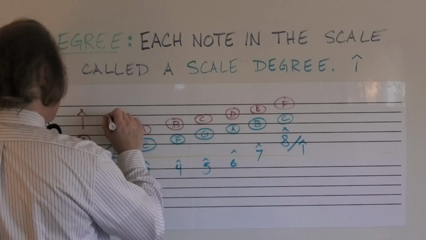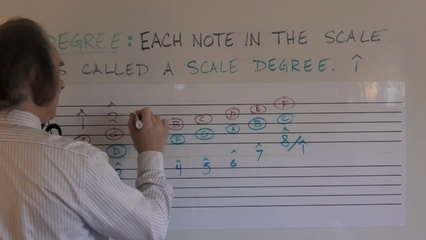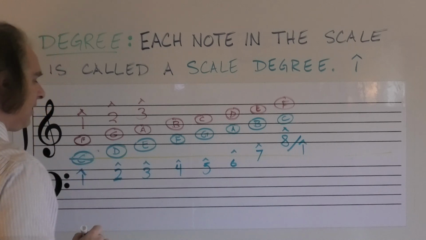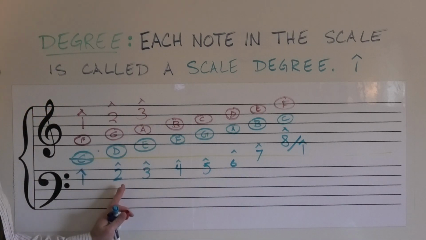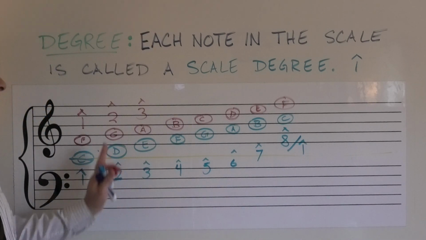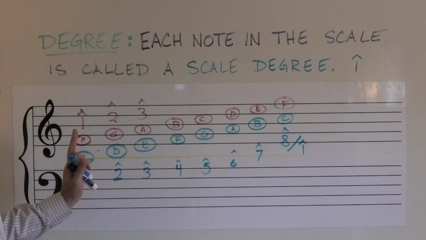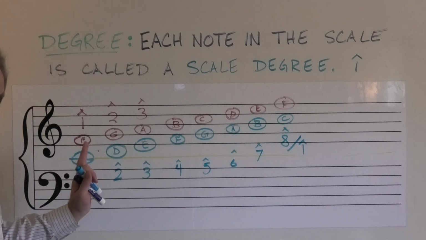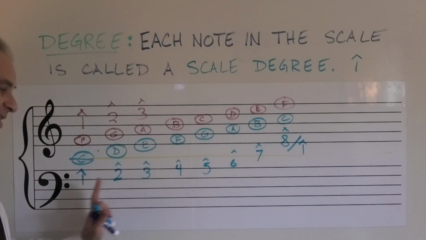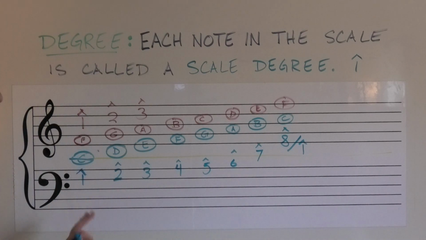G is scale degree 2. A is scale degree 3. In the key of C, D is scale degree 2. In the key of F, G is scale degree 2. The letter name is changing, but the number is the same because the relationship between G and F in the key of F is the same as the relationship between D and C in the key of C.